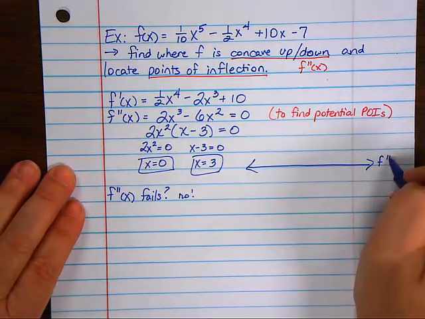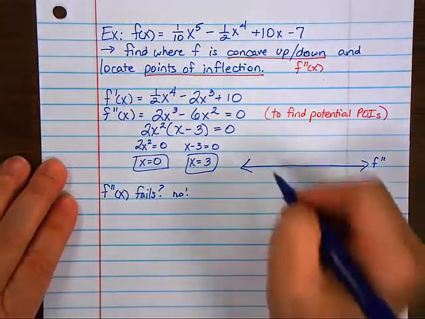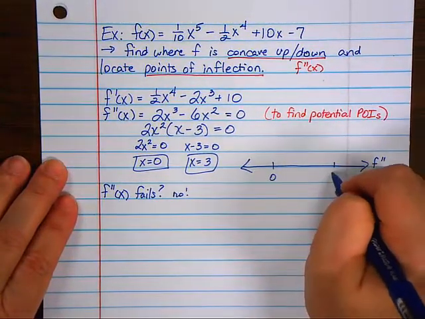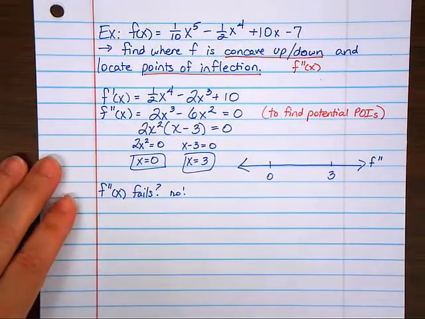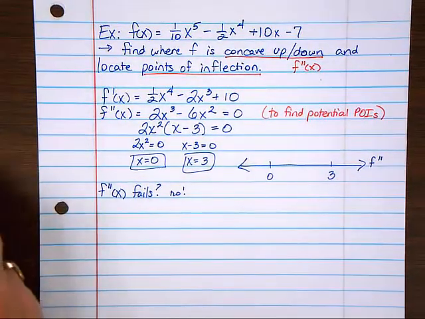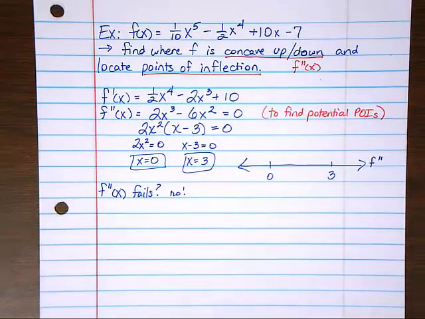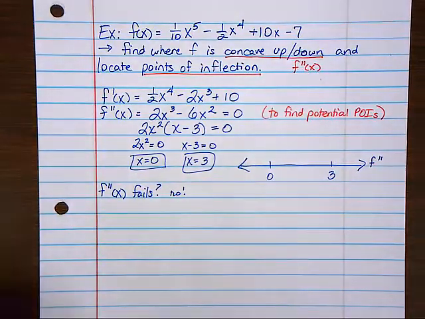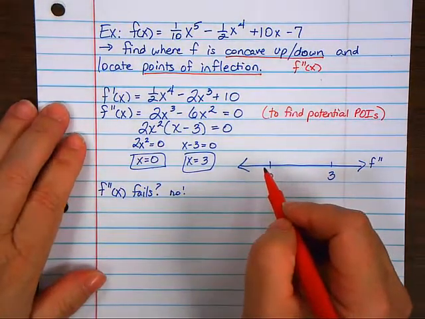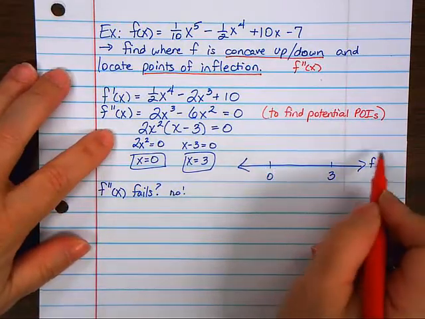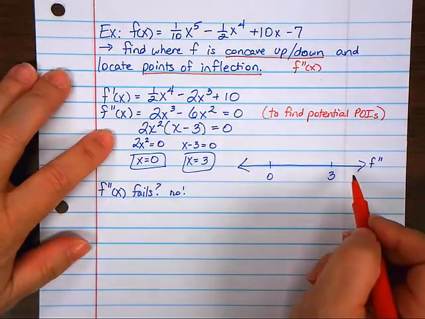We label it f double prime. We put on the number line 0 and 3. We are going to do this by hand, very carefully. We are plugging into f double prime because this is an f double prime number line.